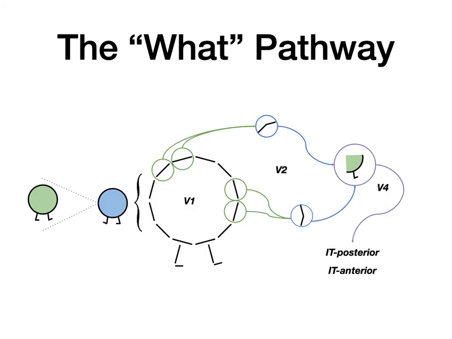To look at that a little more cartoonishly, the blue fellow is examining the green fellow. In V1, we get just a pattern of oriented shapes. In V2, we get these junctions, these connected parts.